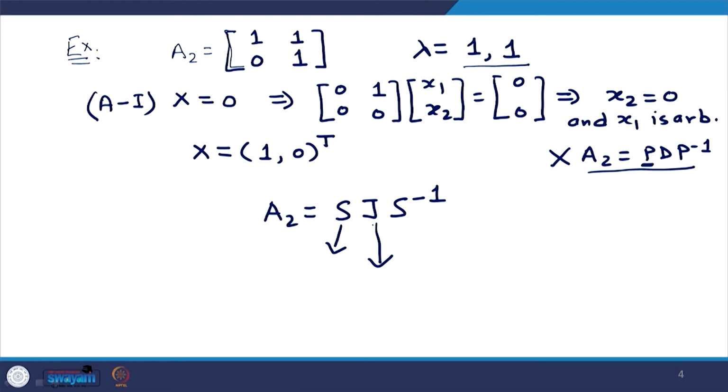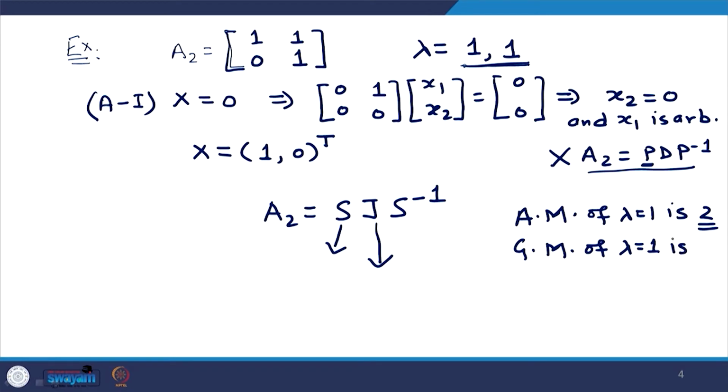Now, another important thing I want to tell you is algebraic multiplicity and geometric multiplicity. Here eigenvalue lambda equals 1 is repeating twice. So, the algebraic multiplicity of lambda equals 1 is 2, that is the number of repetitions of that particular eigenvalue, while geometric multiplicity is the number of linearly independent eigenvectors corresponding to that eigenvalue.